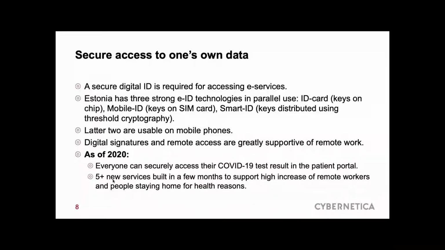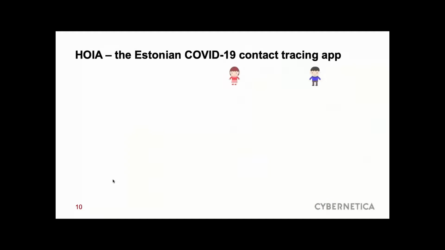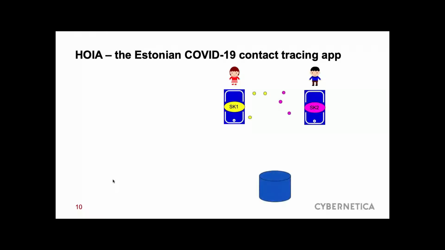the eHealth record. And as the last part, the contact tracing app that Estonia is using also needs information about who has been tested positive. So the Estonian contact tracing app called HOIA, again, it follows the blueprint that many European countries have, where you have a mobile application which has a secret key for each day.